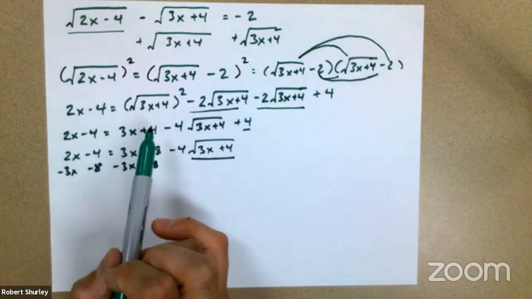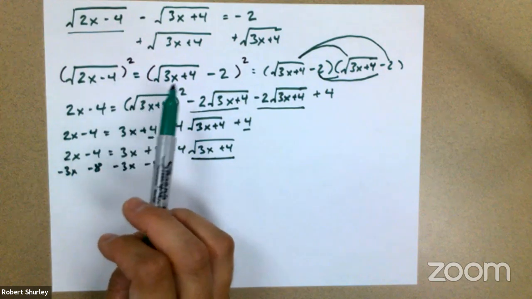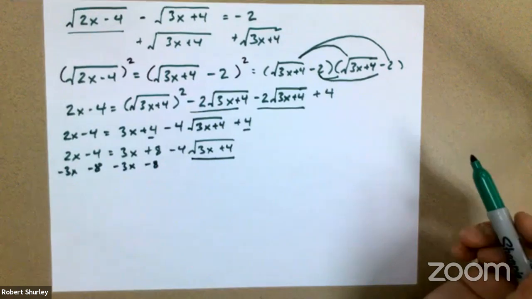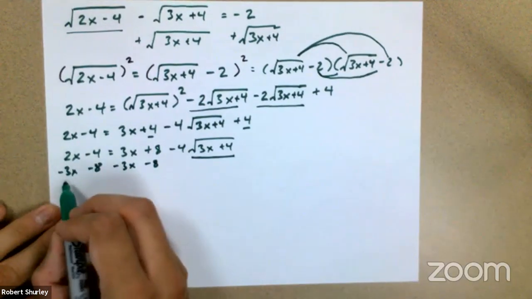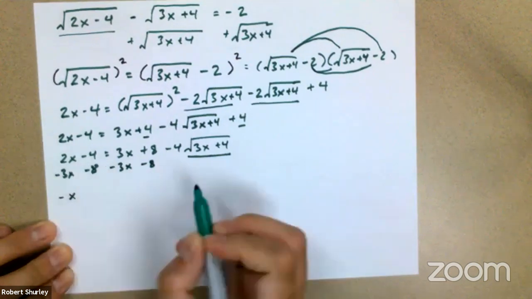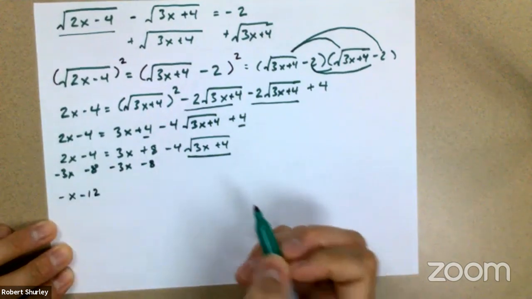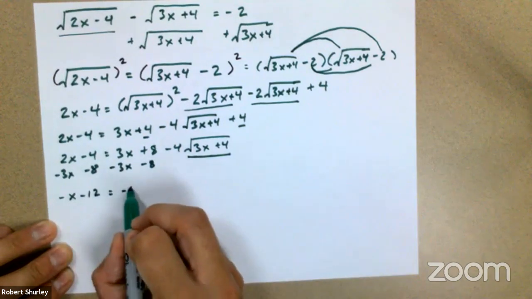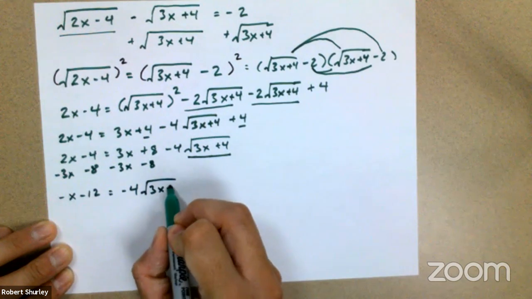What number was this? 22. Yep. So on the left, we get a minus x, right? 2x minus 3x minus 12 equals negative 4 square root of 3x plus 4.